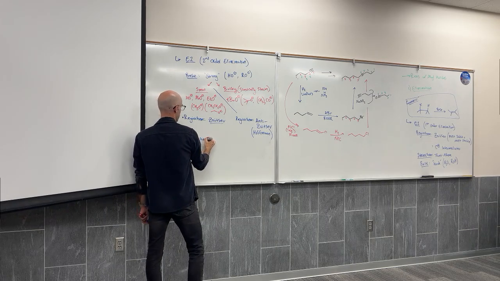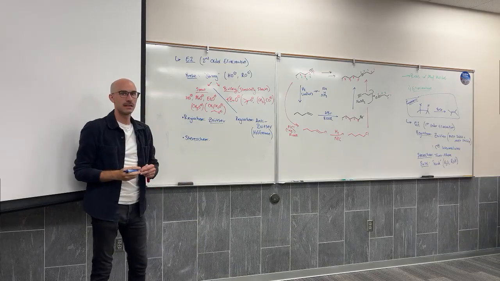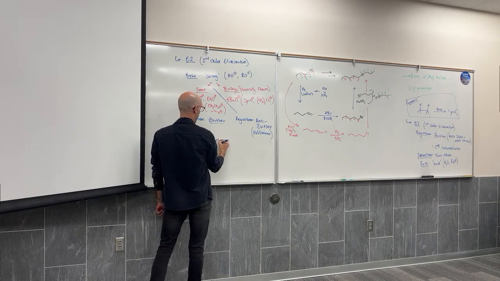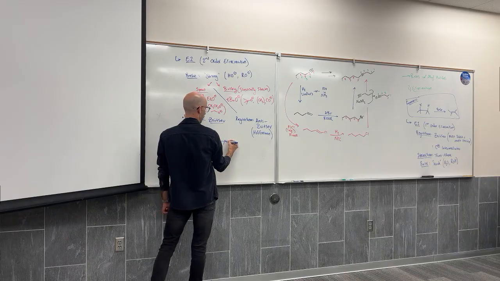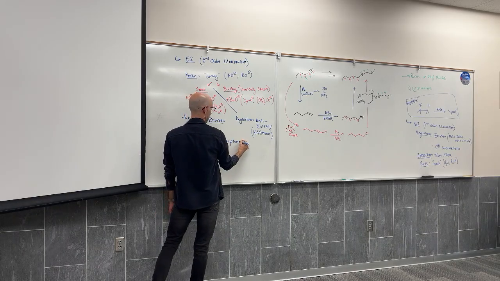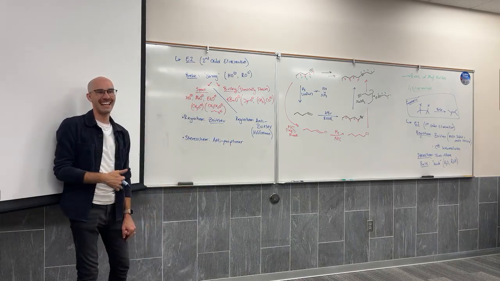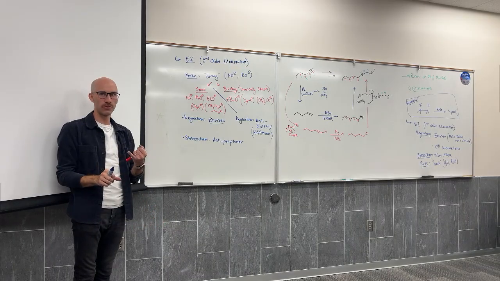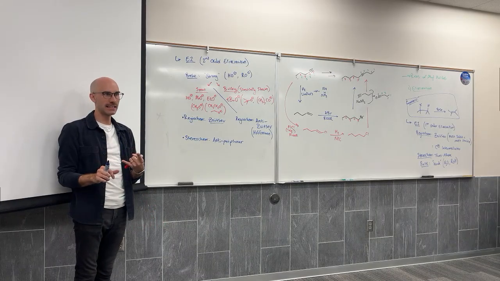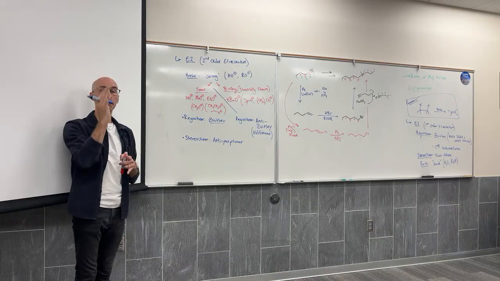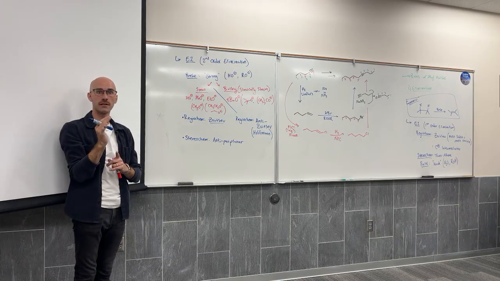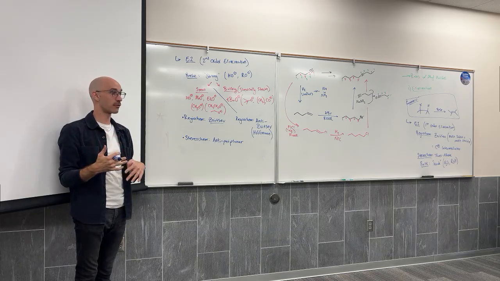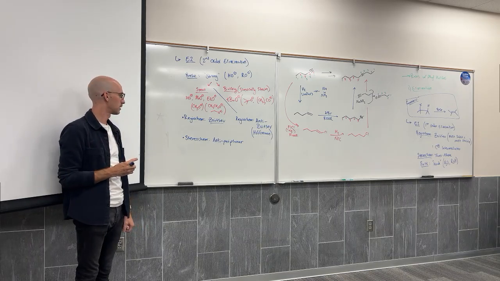With stereochemistry, these reactions are what we call anti-periplanar, or antiplanar. That just means that the hydrogen that is removed and the halogen that leaves must be in the same plane as each other, and they must be anti to each other from a Newman projection.